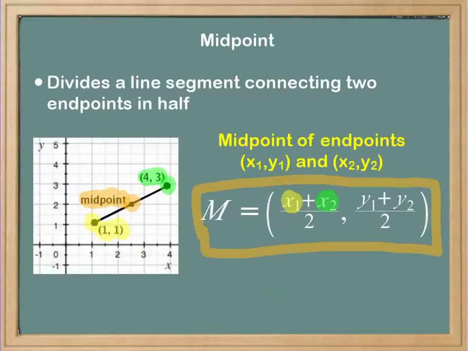That will be the x-coordinate of my midpoint. Similarly, to find the y-coordinate of my midpoint, I'll take the y value from my first point, add it to the y value from my second point, and divide it by 2. Let's do some examples with this so you understand what this formula means. This definitely is another formula that you need to memorize.